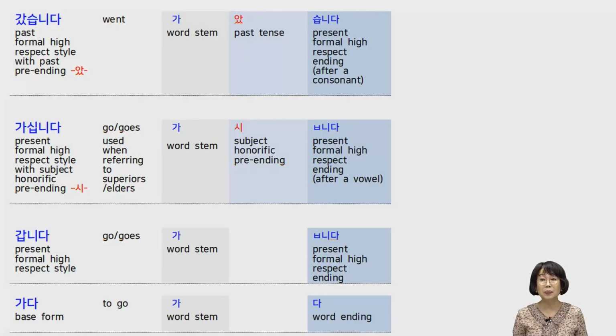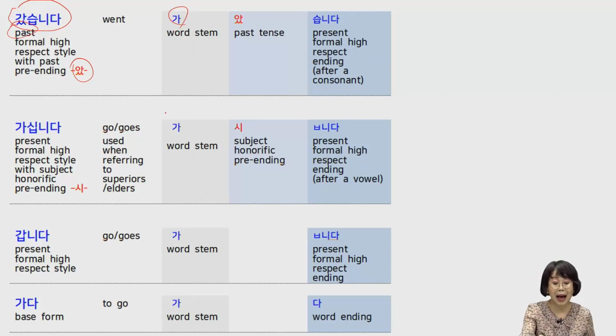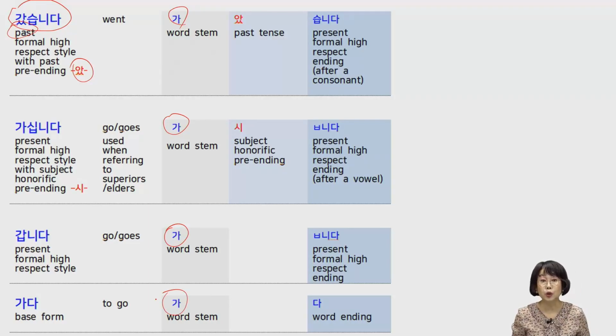갔습니다. Past formal high respect style with past pre-ending 았. It means went. So again, 가 is the word stem, unchanged part, and you can put 았 to express past tense, and the ending 습니다, present formal high respect ending after a consonant.